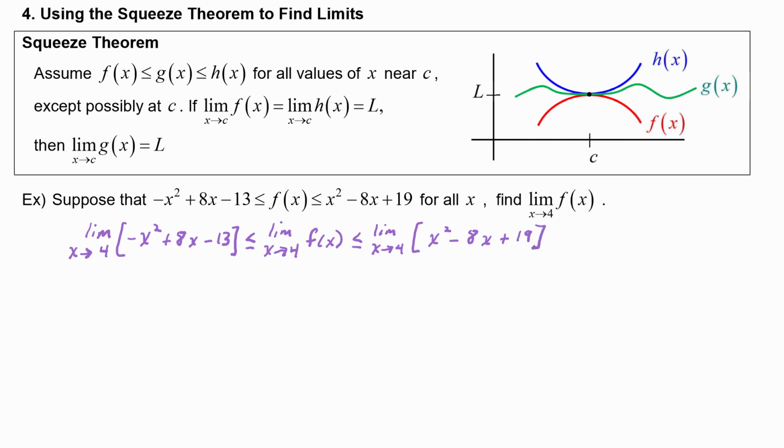So what we did was take the limit as x approaches 4 of all three pieces there. So now let's evaluate the limits.